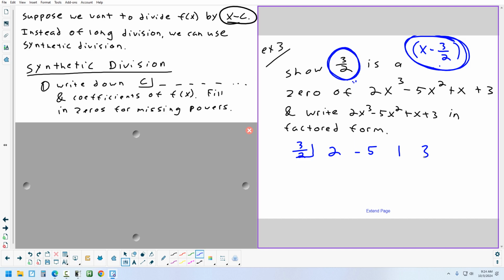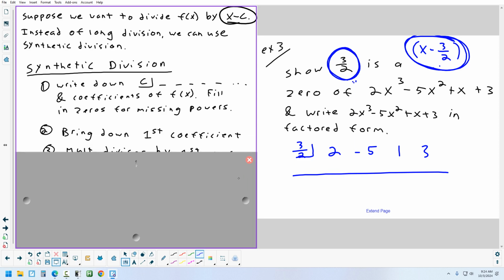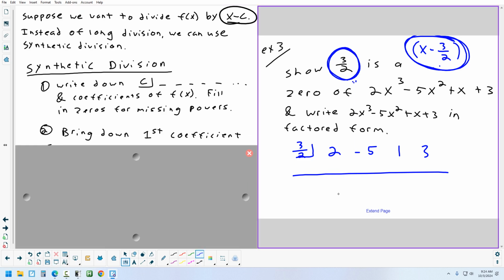If I was missing a term, just like when I do long division, I need to fill in a 0. Then we're going to draw our line, leave a little bit of space there. The first thing we're going to do is just bring down the first term.